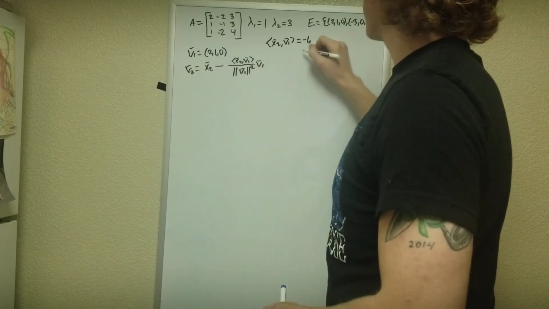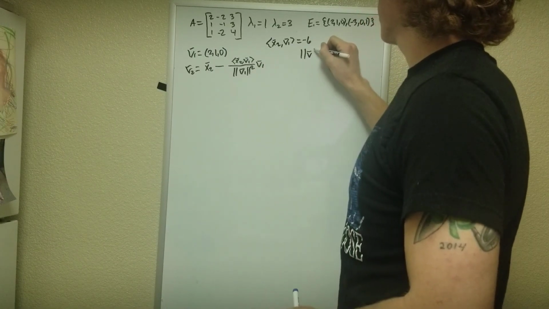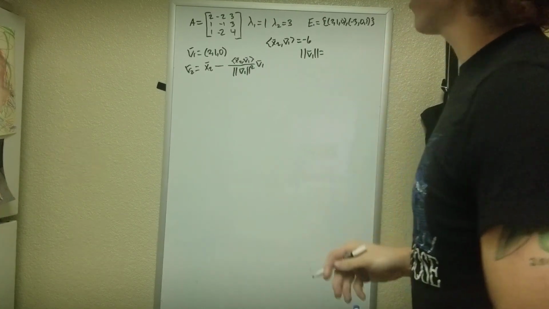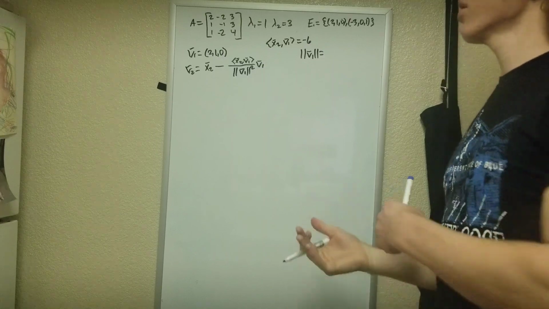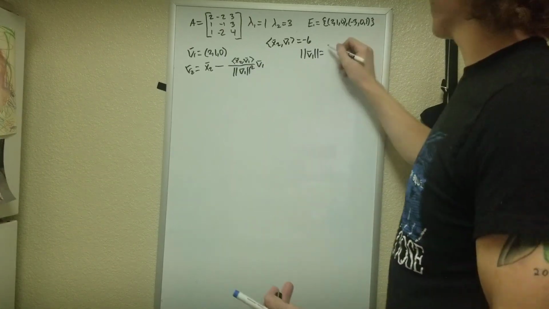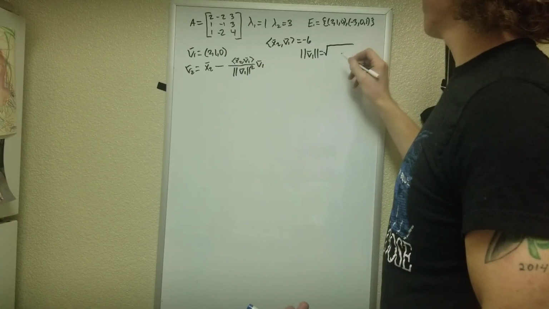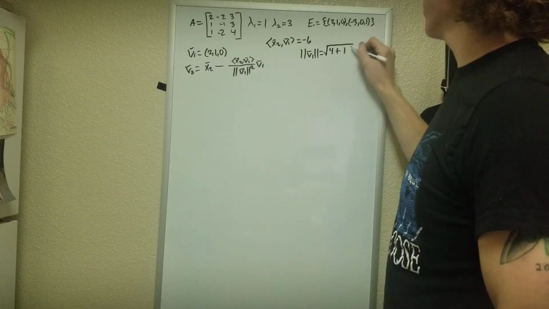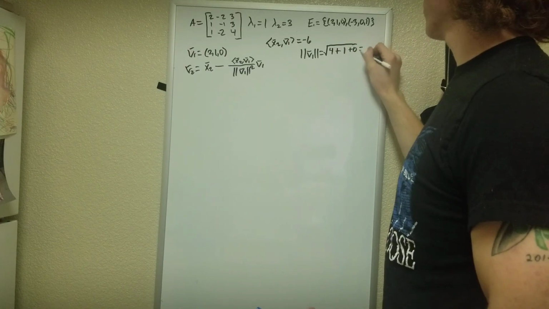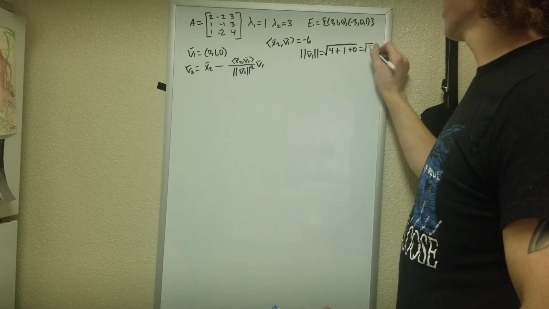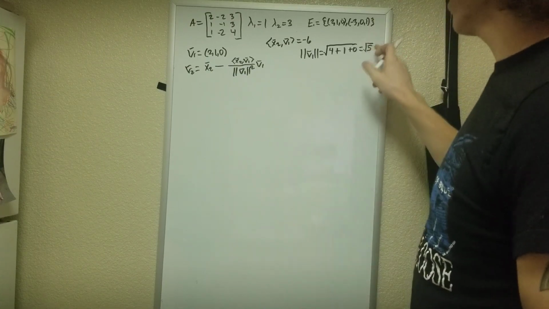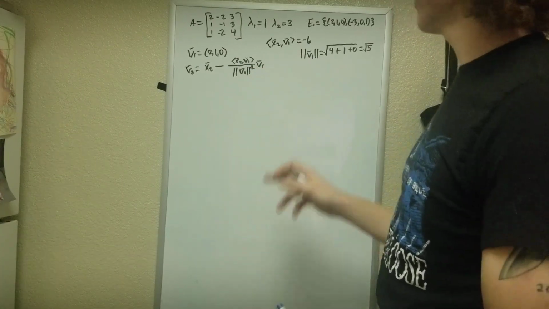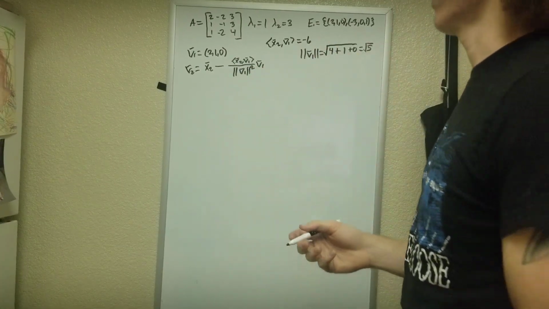Now as for the norm of the first vector, that is the square root of the inner product of the vector with itself. So we would end up with 4 plus 1 plus 0, which just ends up being the square root of 5. But we have to square it. So this fraction right here ends up being negative 6 over 5.